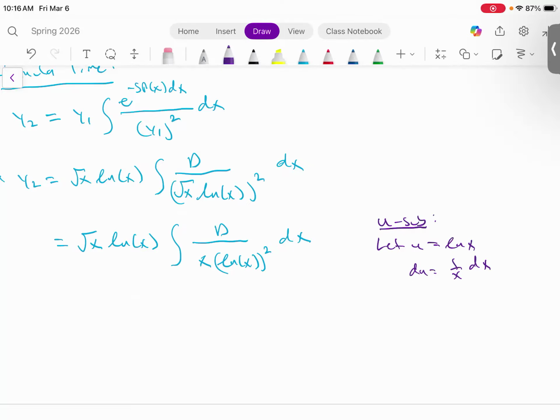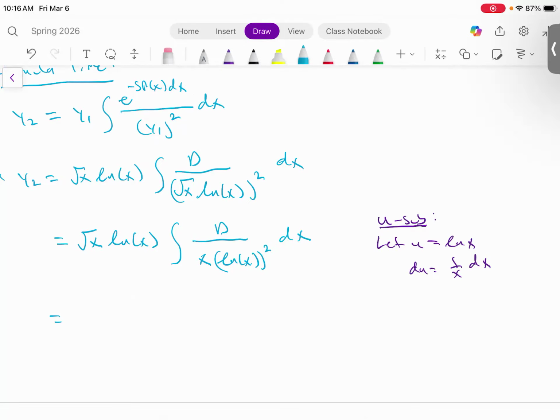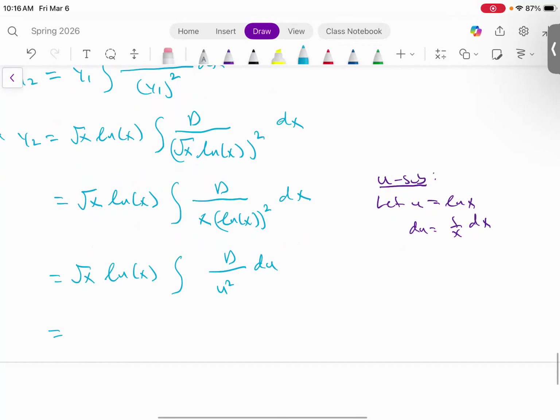And so when I substitute in, my integral just becomes d times u to the negative 2 du.